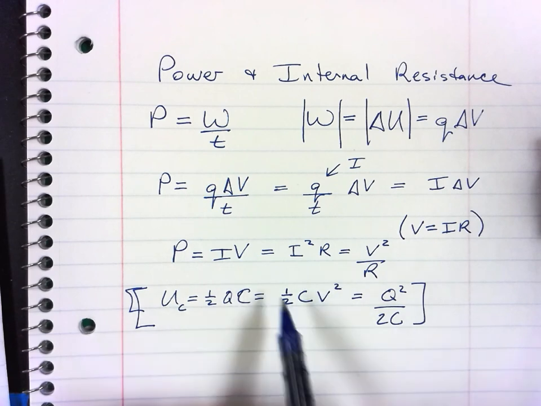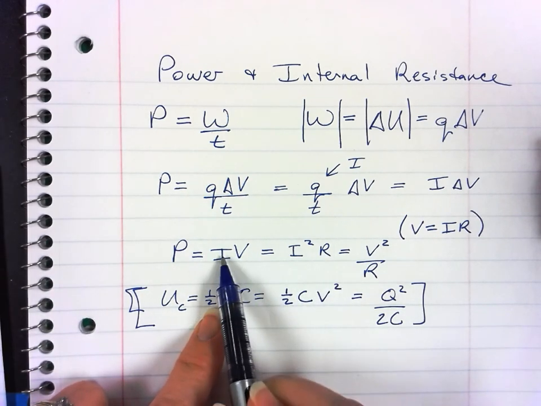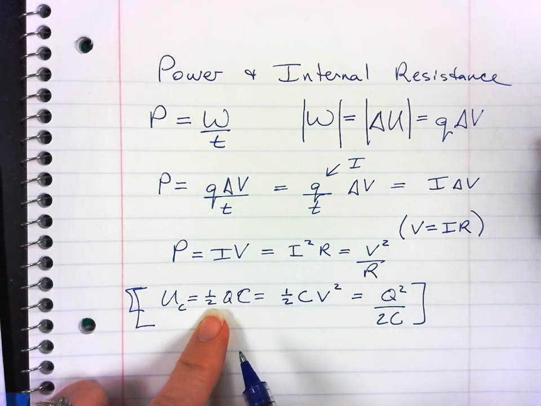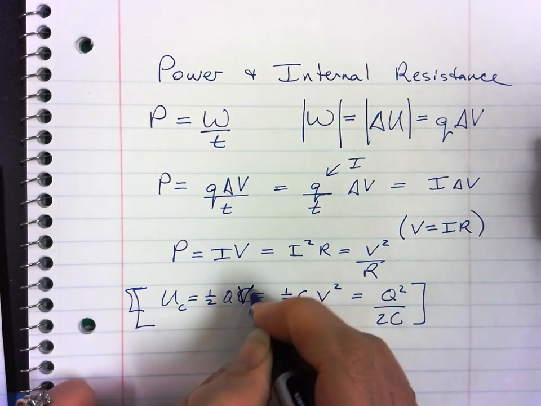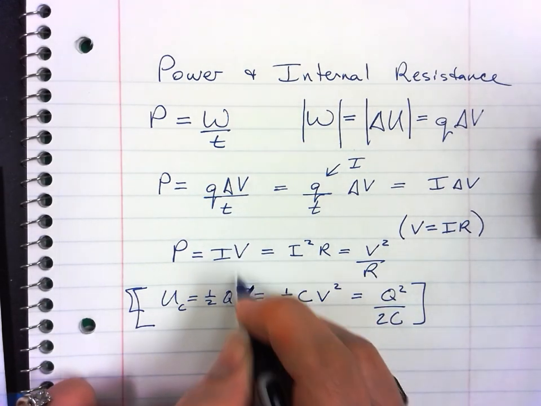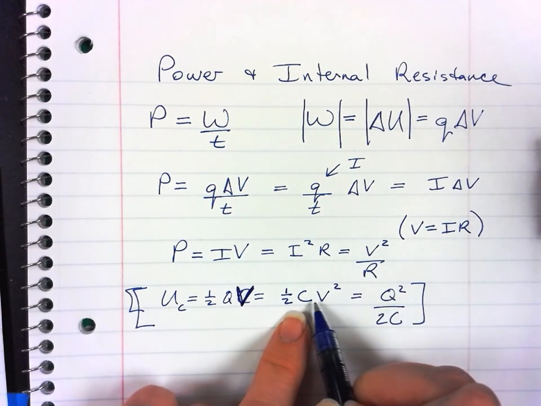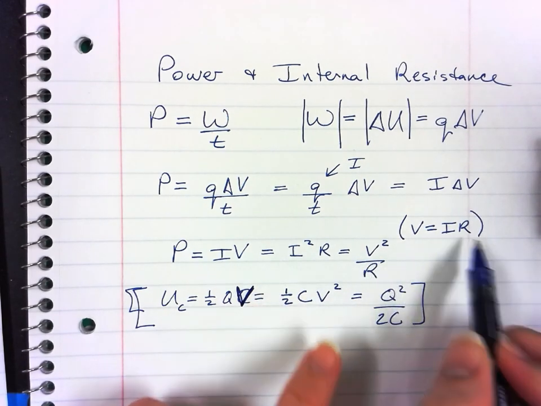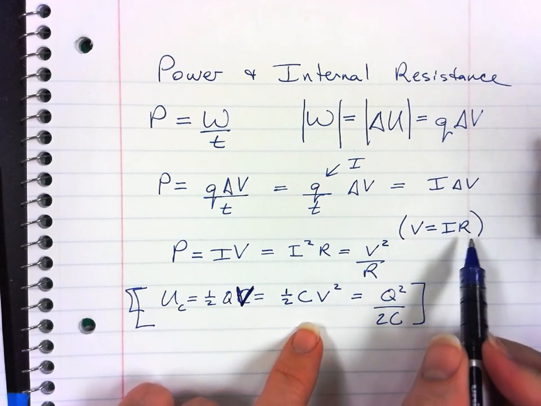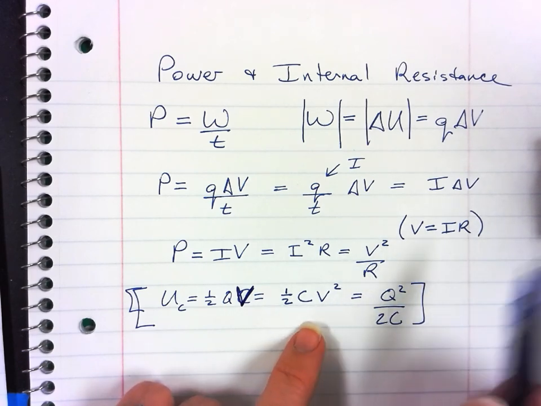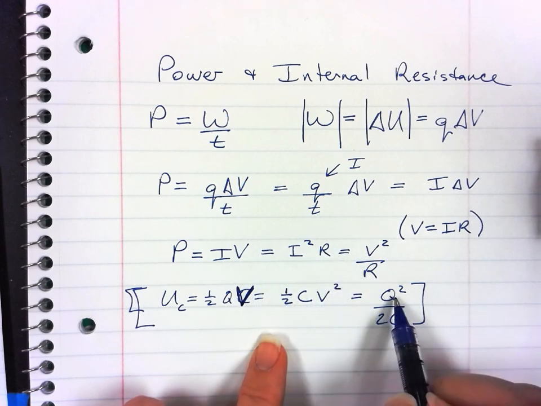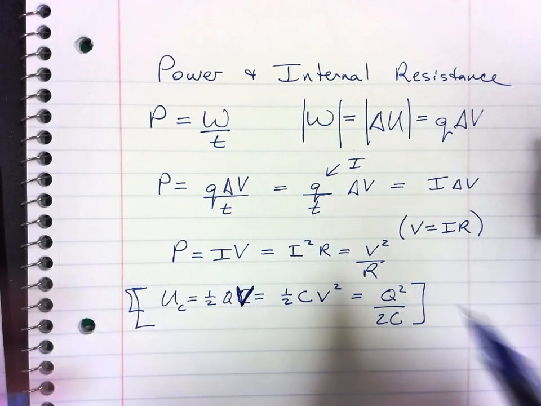So the 1/2, which came from the calculus, but I and Q, and oh, I wrote this wrong, 1/2 QV, bad teacher, because that should match up. And then this one goes over here, we've got V squared, but instead of times C, we divide by R because of that reciprocal thing we talked about with the way resistance is defined versus capacitance. And then I squared times R, well, Q squared divided by C, and then the 1/2.